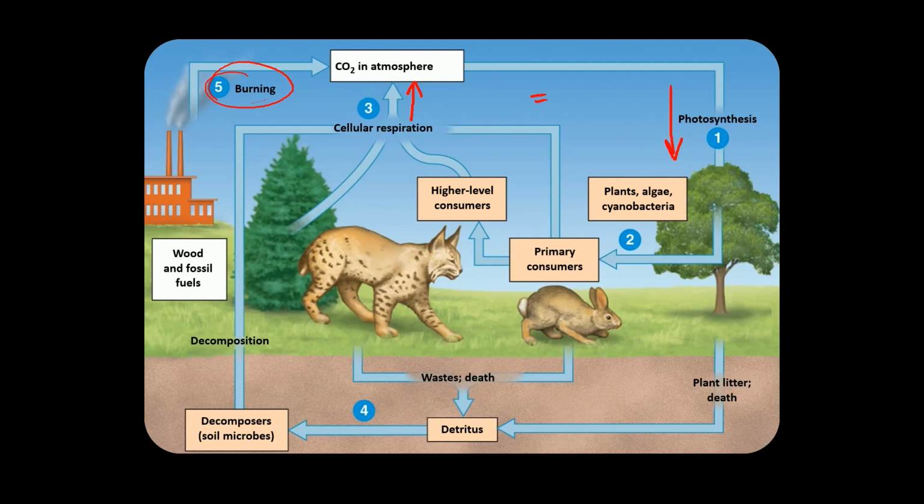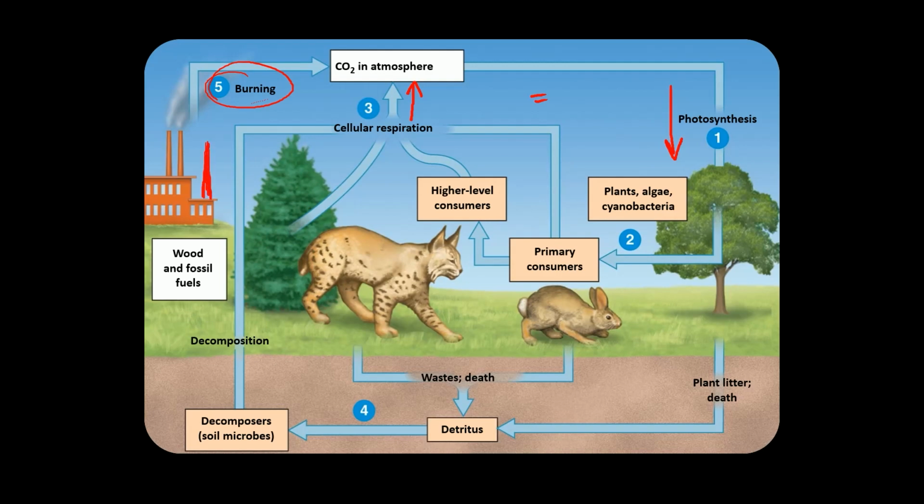Now, number 5 on this chart shows burning, and it mentions fossil fuels. And you'll notice that this doesn't actually seem to be part of the cycle. And the reason for that is fossil fuels like coal and oil and natural gas came from materials that were secured away in deep rock layers 65 million years ago or longer.